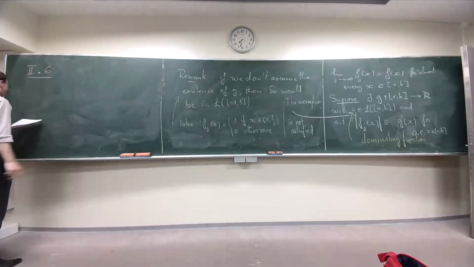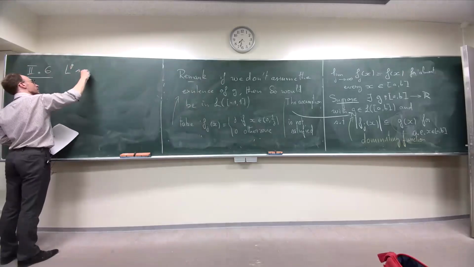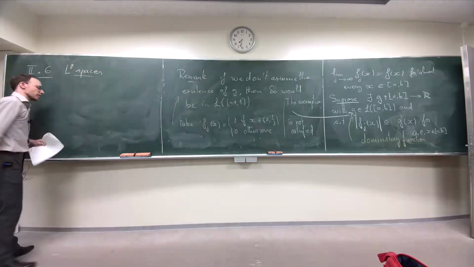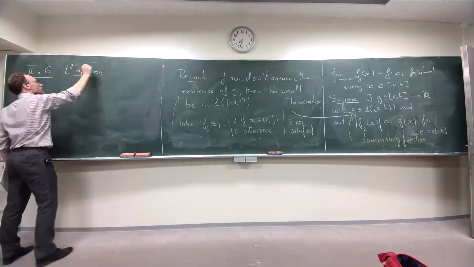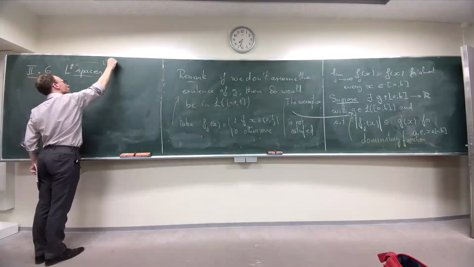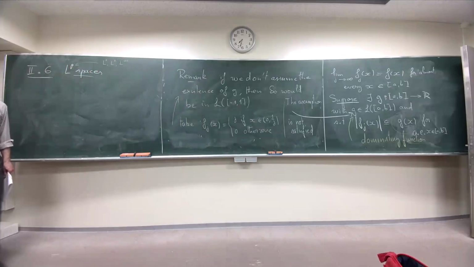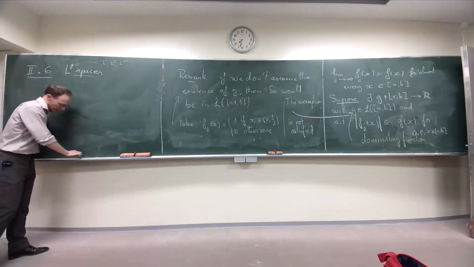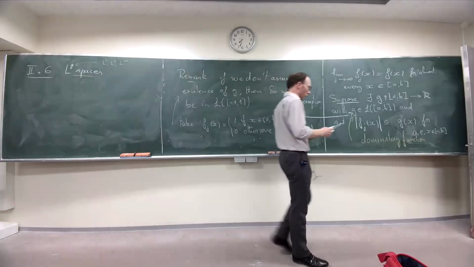But 2.6, Lp spaces. There are two very important ones, L1 and L2, and L infinity. I will give the definition of all Lp, but the ones which are really useful for you are L1 and L2.